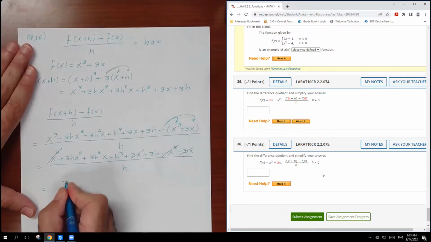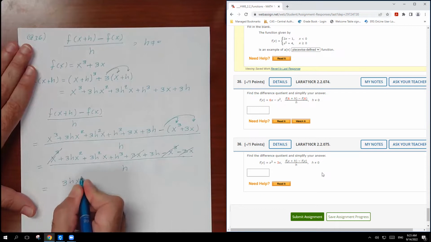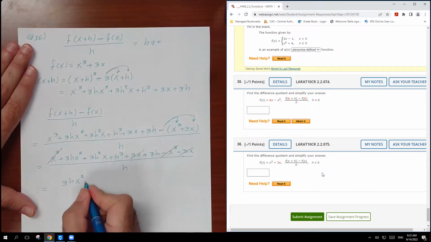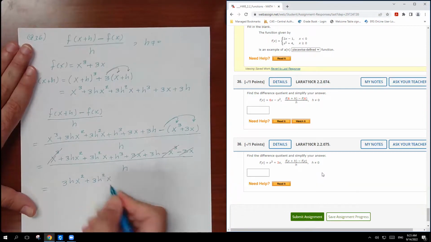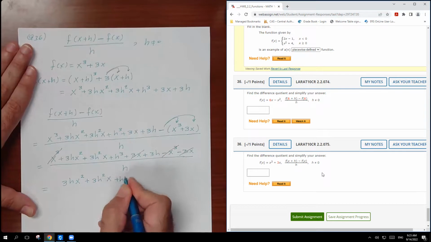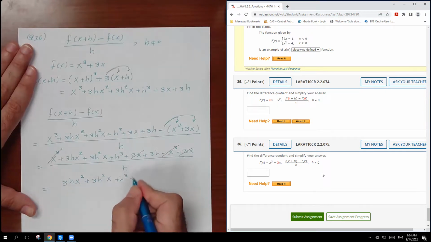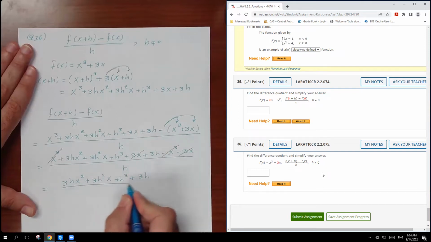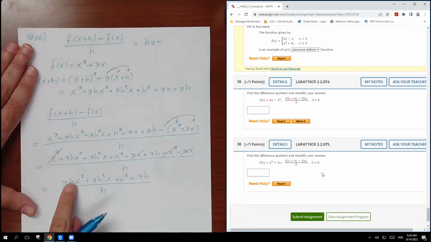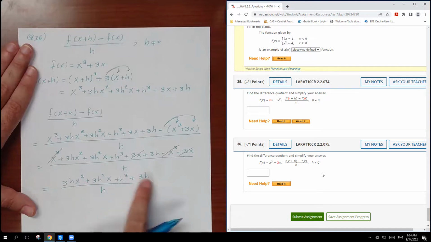What is left here is 3hx squared plus 3h squared x plus 3h cubed, and this is what is left from here, plus 3h, over h. Now I'm going to take h as a common factor between these four terms: 1, 2, 3, 4.